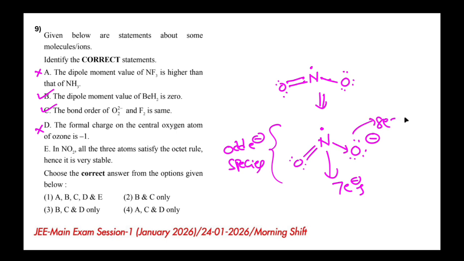This oxygen atom also has 8 electrons. But the nitrogen atom is surrounded by only 7 electrons. So the statement that in NO2 all 3 atoms satisfy the octet rule is wrong. So what are the correct statements? B and C are correct statements.